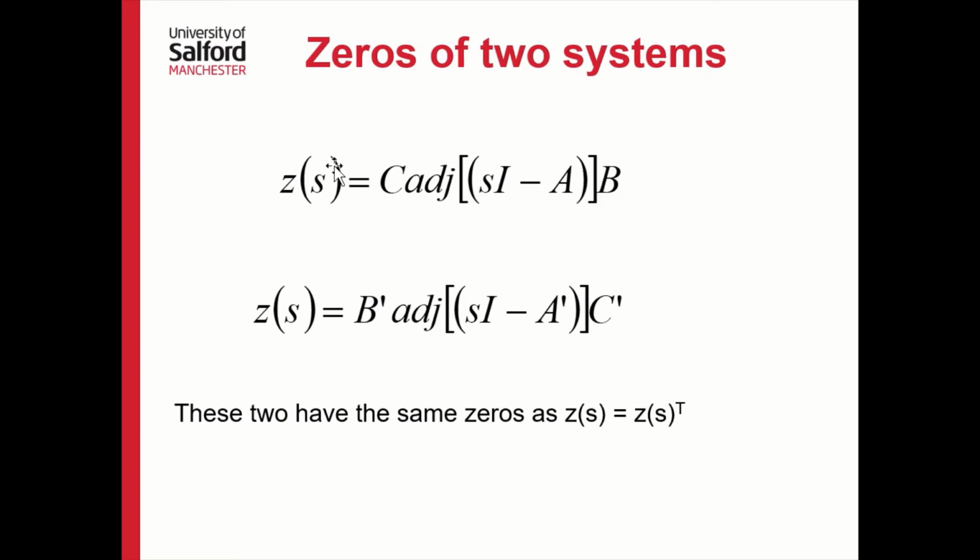The zeros are given by C times the adjoint of sI minus A times B, and for the transposed system, this becomes B transposed adjoint of sI minus A transposed C transposed. Now if we transpose this, we get the same thing, and therefore we can say that the zeros of these two systems are the same as well.